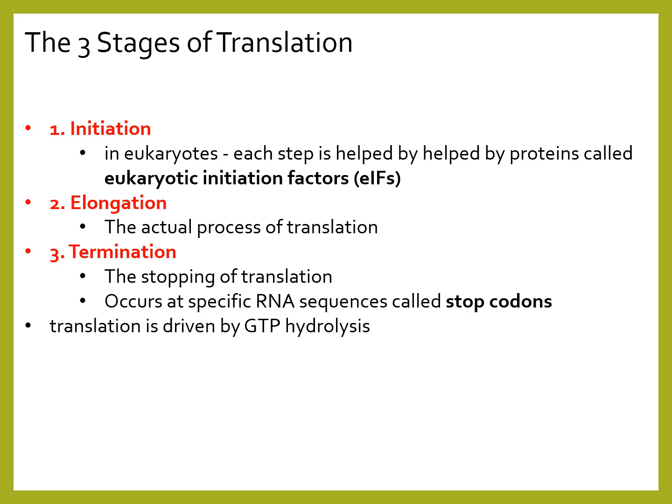The reason why they're called eukaryotic initiation factors is that prokaryotes also need help to start translation, and we just call those initiation factors. So the letter E helps us distinguish and helps us learn that we are looking at eukaryotic initiation factors.